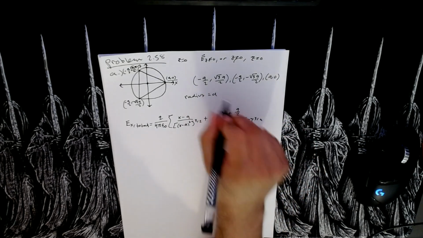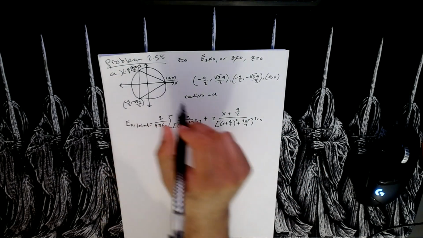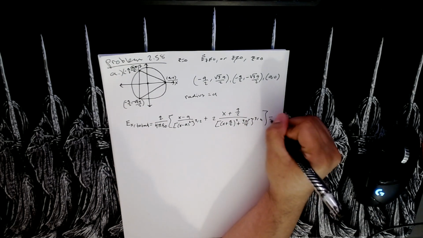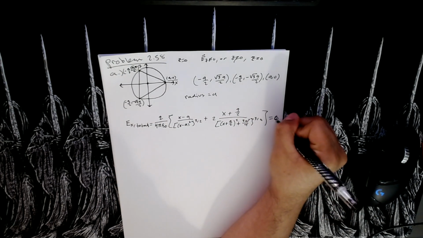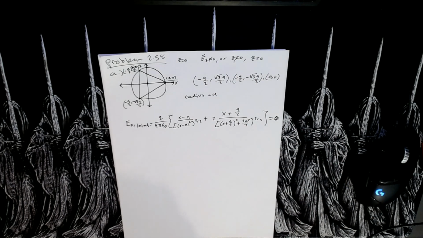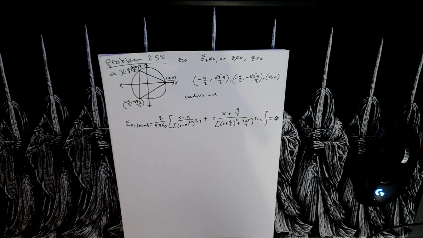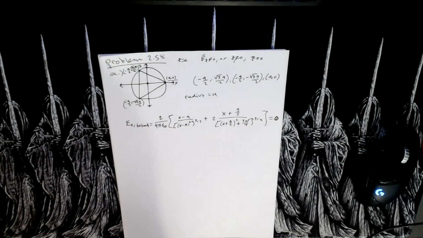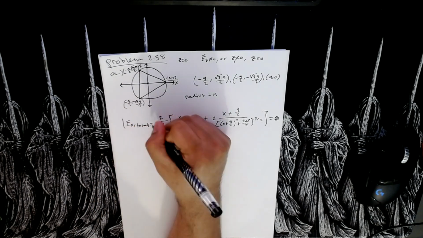These are coming from our coordinates. This is going to equal 0, because we're trying to find the other points inside the triangle where the field is 0. This is really the magnitude.